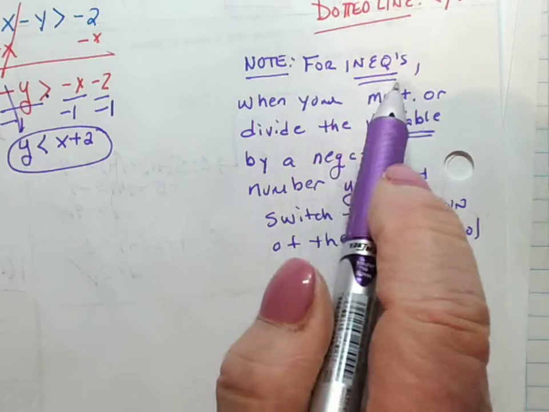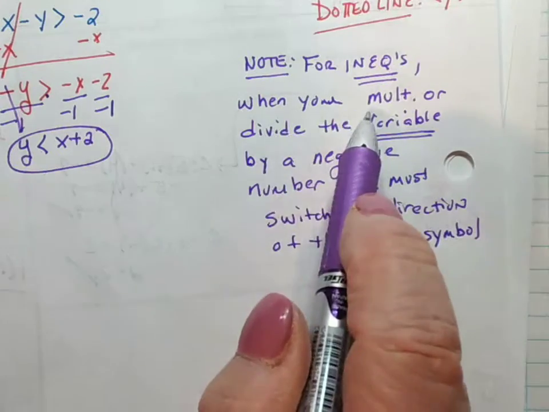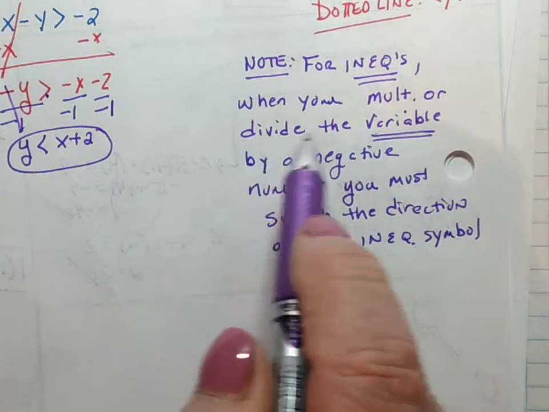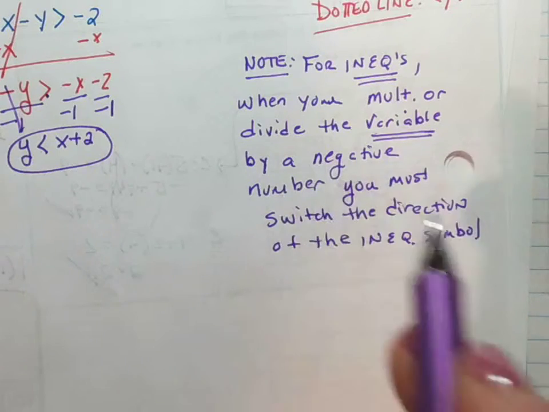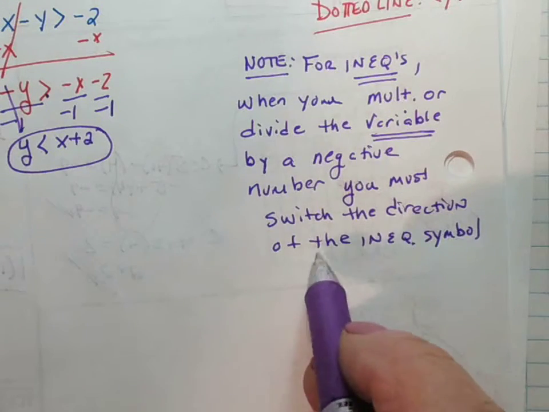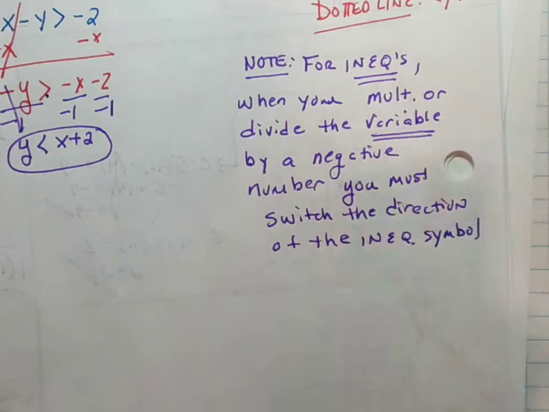So, for inequalities, when you multiply or divide the variable by a negative number, you must switch the direction of the inequality symbol.